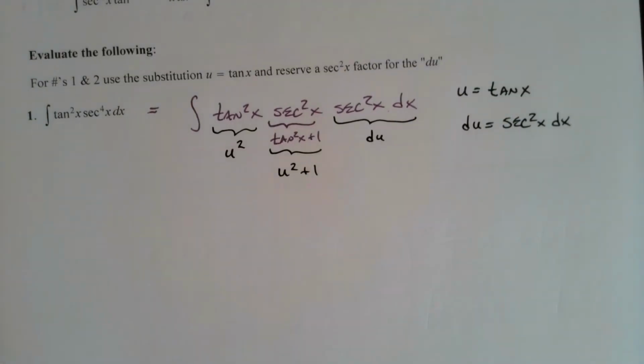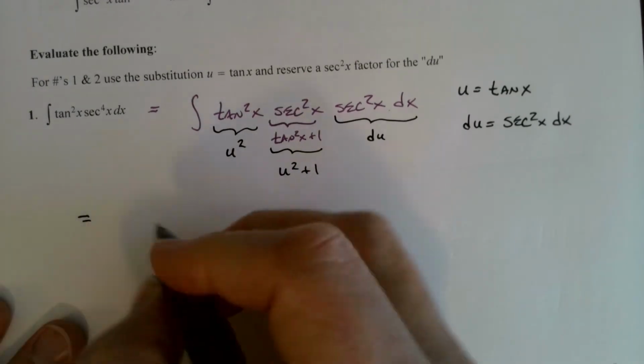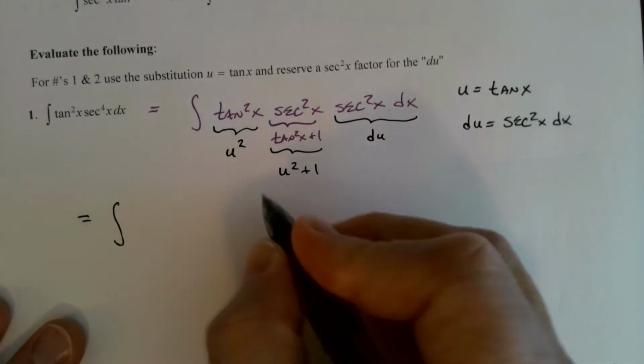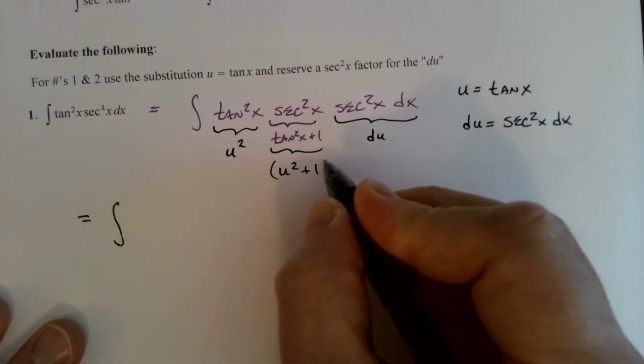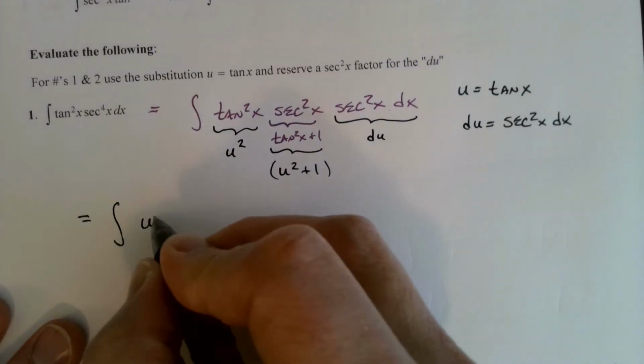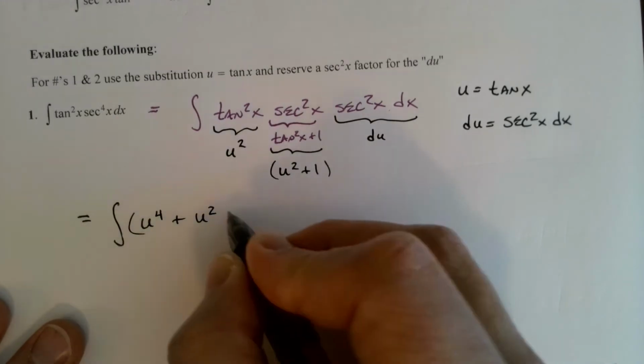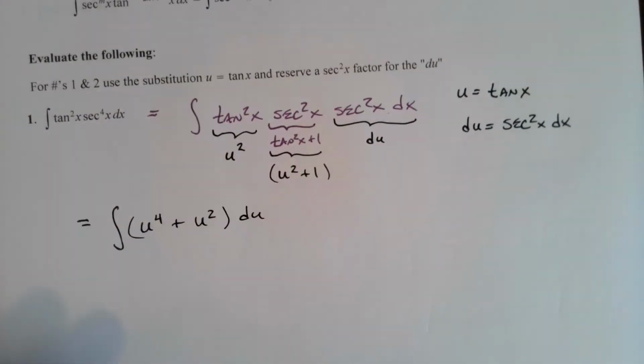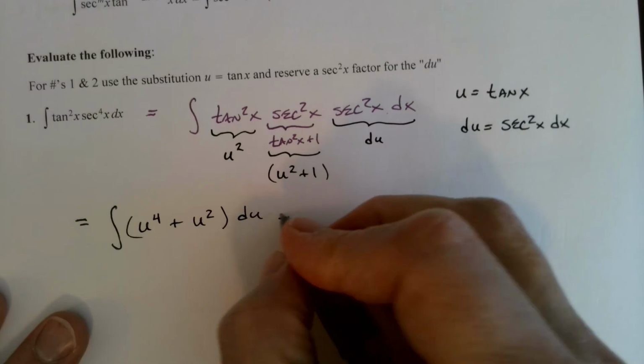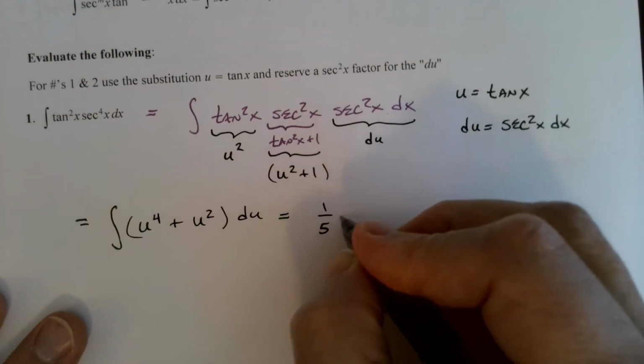See how everything is covered in terms of u, and so the u integral is what? Distributing through, u squared times u squared is u to the 4th, u squared times 1 is plus u squared, du. Secant squared x dx becomes our du, and now our antiderivative is easy.